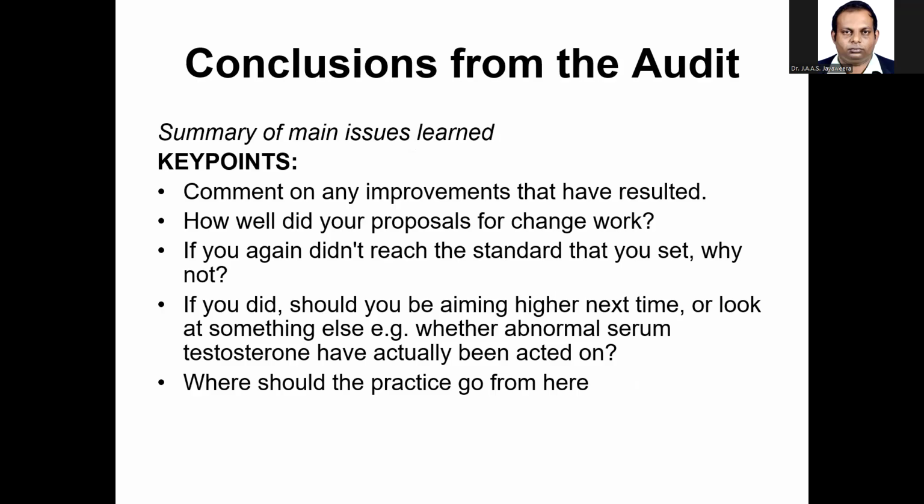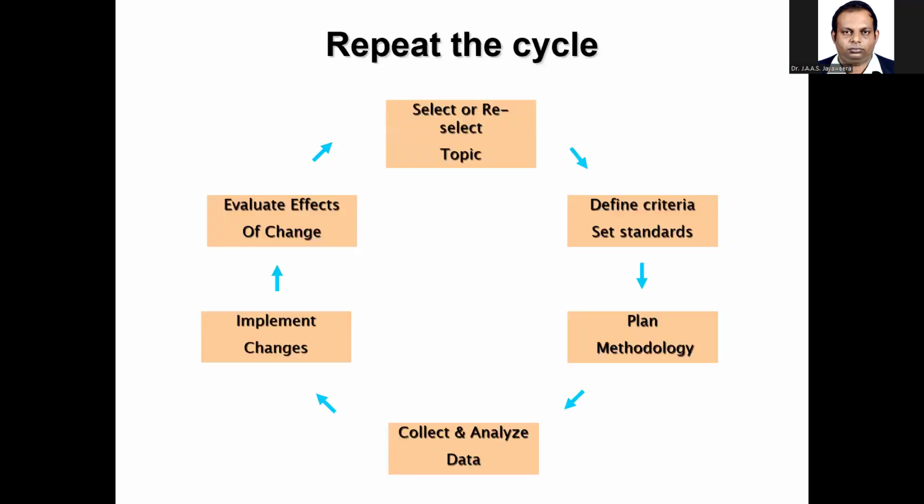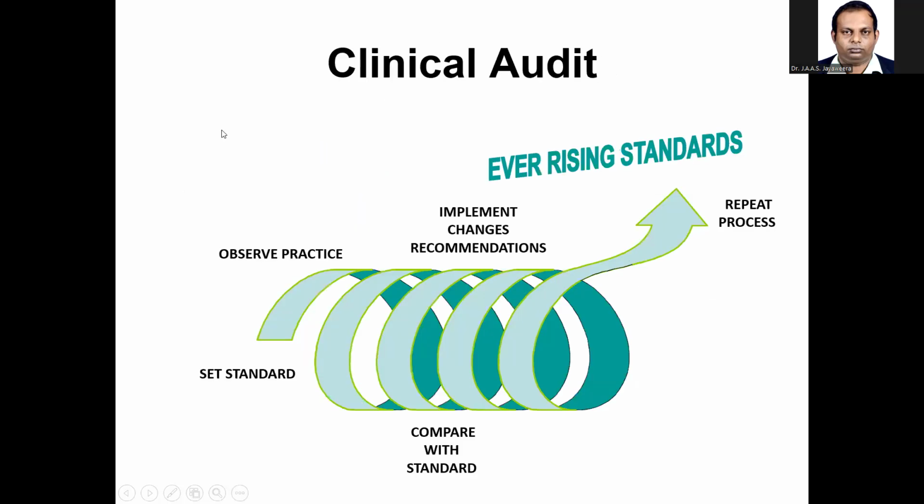Where should the practice go from here? So repeat the cycle. Select or reselect the topic. Same audit cycle: define criteria, set standard, plan methodology, collect, analyze, implement changes, evaluate effects of change. Clinical audit: observe practice, implement changes, recommendation, repeat process, set standard.